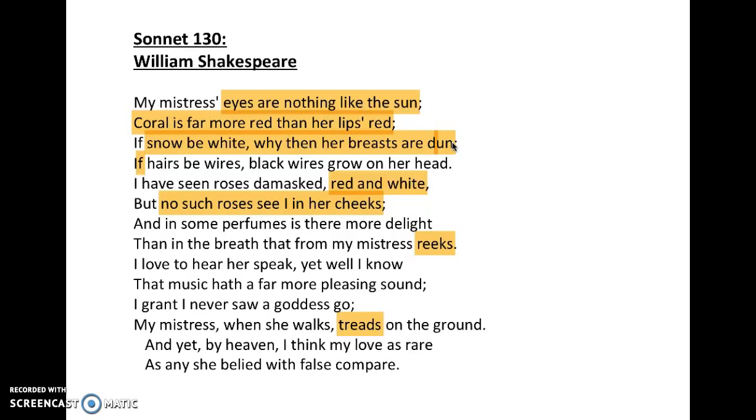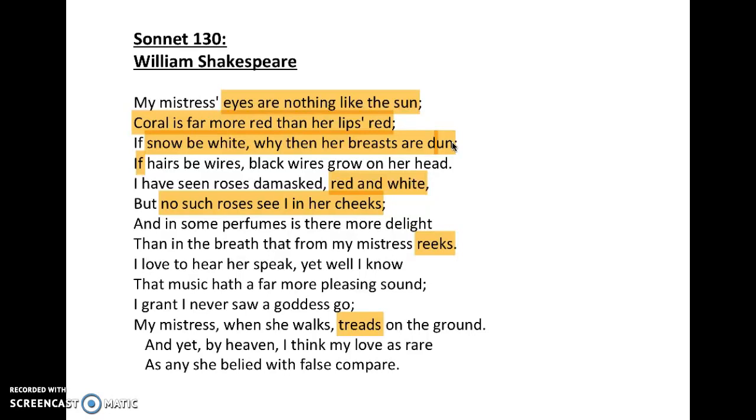So all of the diction that he uses has very negative connotations associated with them, which helps the reader understand that the speaker is trying to get across that his mistress isn't bright and colorful, and she doesn't walk swiftly on the ground, she treads.